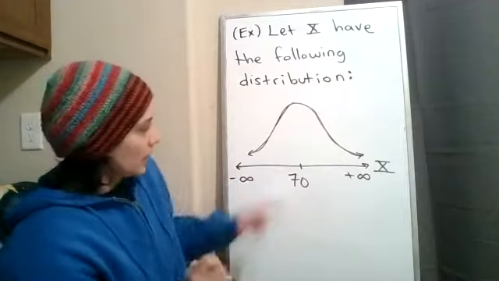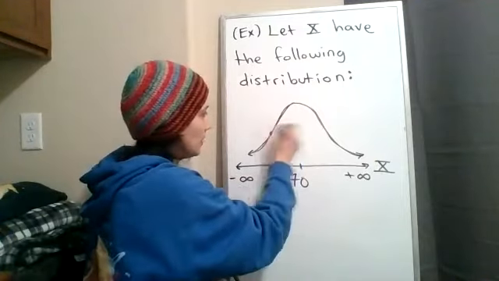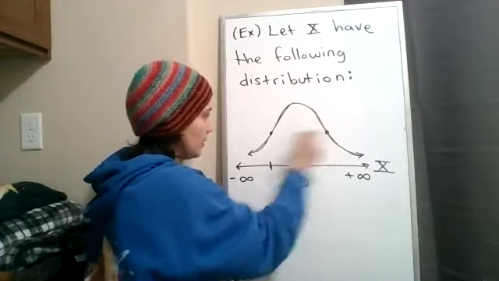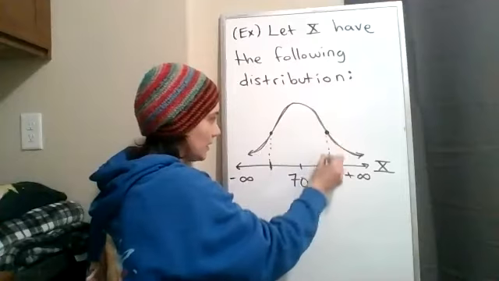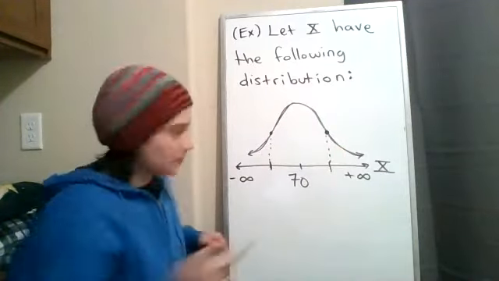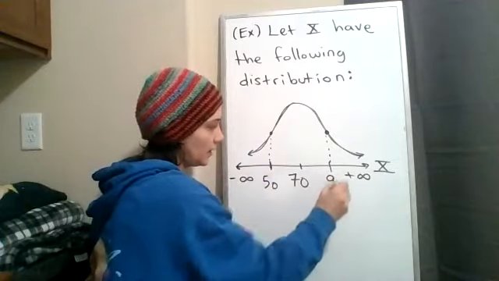Cool. So let's call this an inflection point. That's an inflection point. We'll come over here. Then we're at 50 and 90.